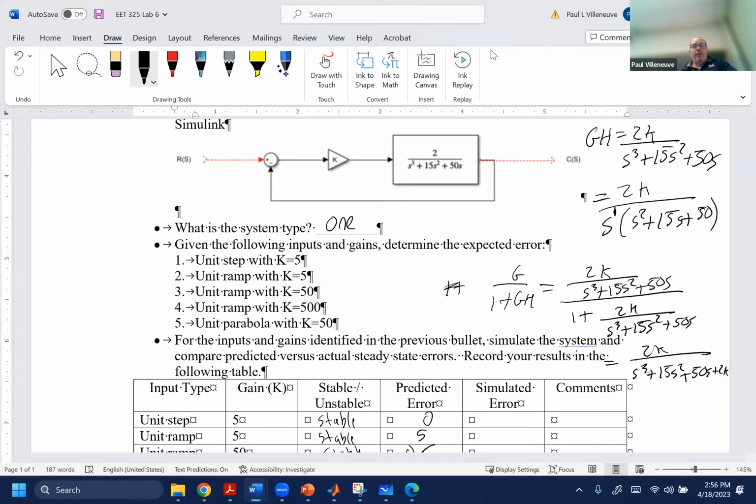My question is, let's take, for example, the very recent homework. When you give an equation and say this is an open loop transfer function, we have to use it as it is, right? Yes.